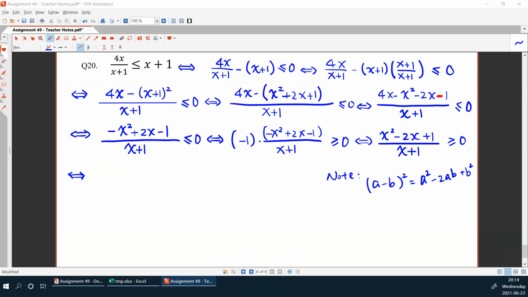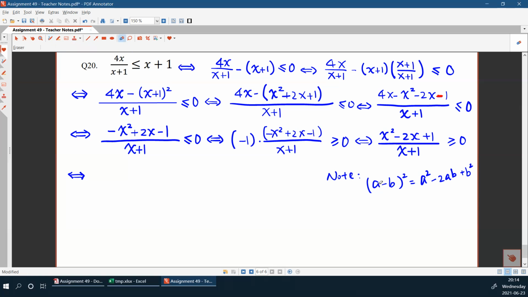X squared subtracted by 2x plus 1 is something squared, right? What is something? Can you recognize it? Is it x minus 1 squared?